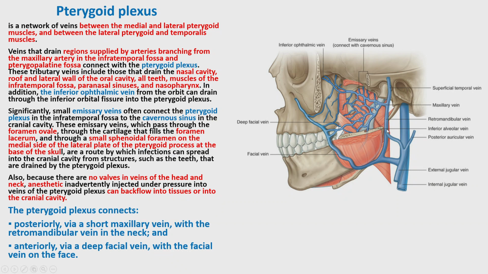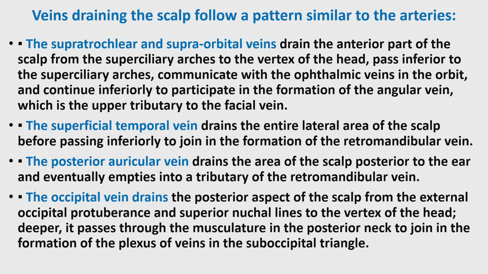After passing through the parotid gland behind the mandible, it divides into two divisions, posterior and anterior. The posterior division joins the posterior auricular vein to form the external jugular vein. The anterior division joins the facial vein to make the common facial vein, which drains to the internal jugular vein. This is an important part of the venous pathway.